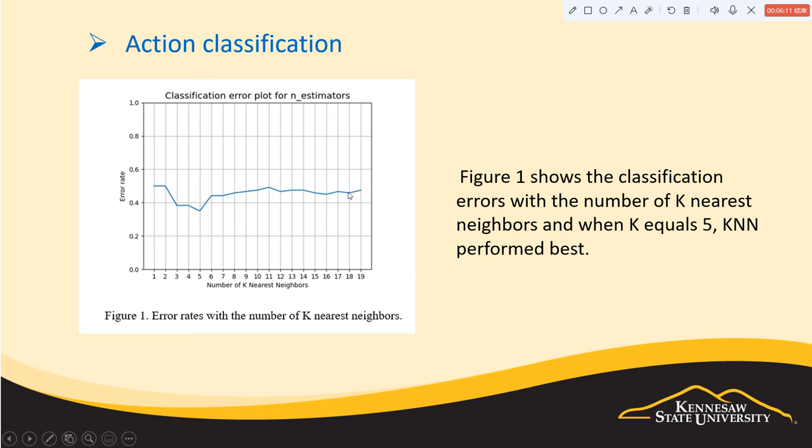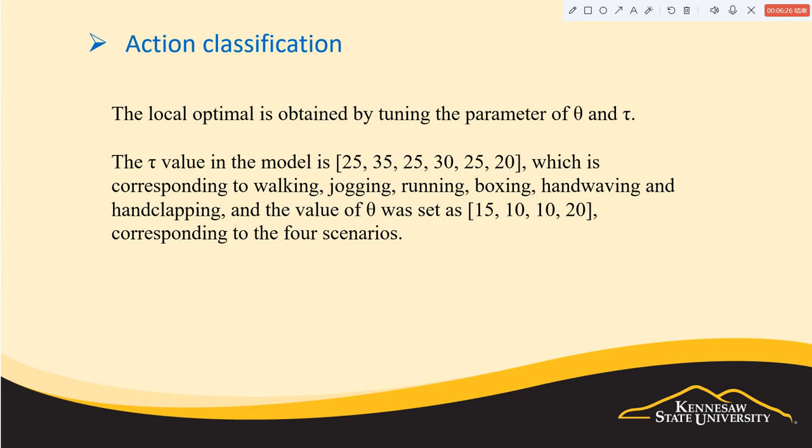So here is the error rate with the number of k nearest neighbors. From the figures, we can see clearly that when k equals 5, KNN performed best. And the local optimum is obtained by tuning the parameters theta and tau.